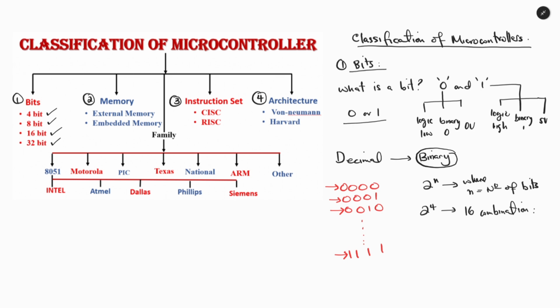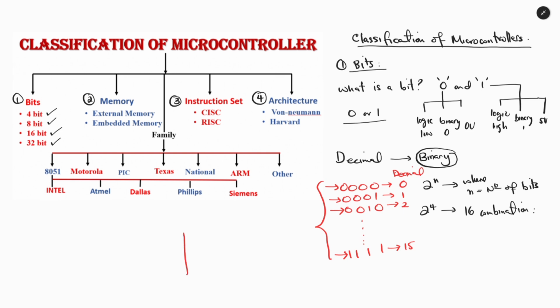We start the count from 0 all the way to 15. If you convert this to decimal, you should get 0, then 1, then 2, and 1111 gives you 15. You can see from 0 all the way to 15. So these are the combinations that this particular microcontroller may have.